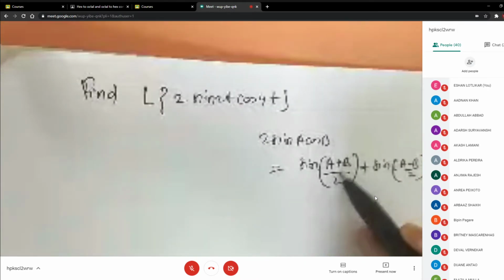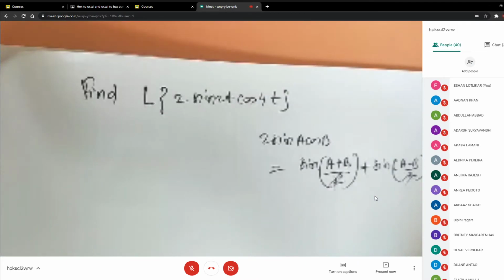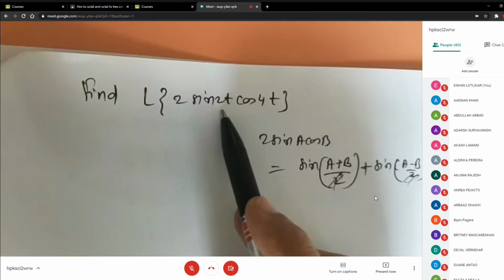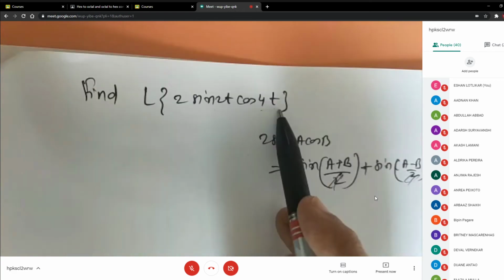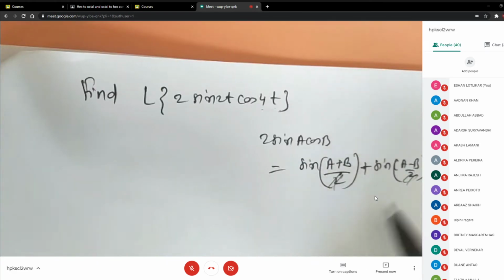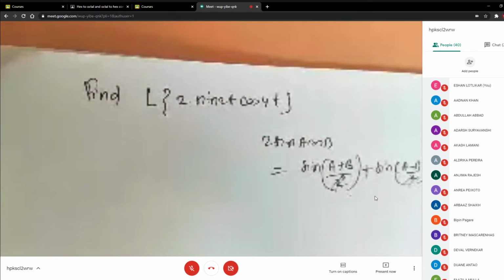Okay, so this 2 is not the denominator. Then do it. Substitute. Your A will be 2t, B will be 4t, right? So substitute, because the terms are getting separated here, and see what you get.